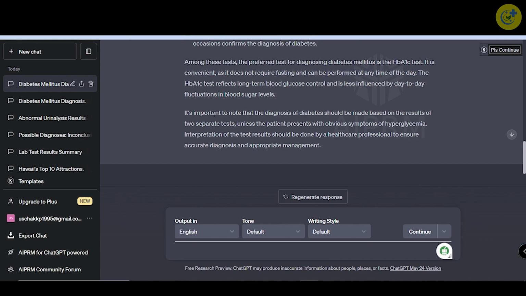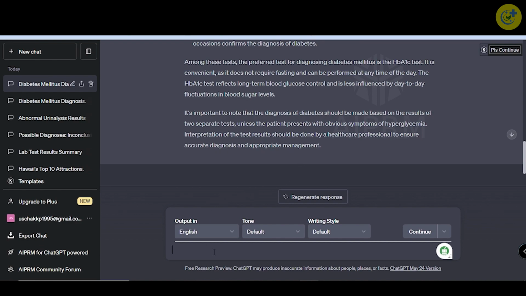It is important to note that the diagnosis of diabetes should be made based on the results of 2 separate tests unless the patient presents with obvious symptoms of hyperglycemia. Interpretation of the test results should be done by a healthcare professional to ensure accurate diagnosis and appropriate management. Secondly, for this question also ChatGPT said to meet a healthcare professional to get accurate diagnosis and appropriate management.